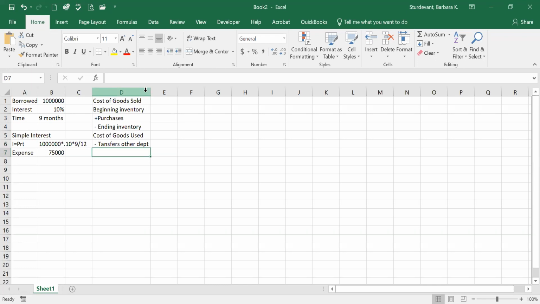The other thing you're going to have to do, which you will see, is we also have to subtract off employee meals. So if we furnish meals to our employees, that also has to be subtracted off because that has nothing to do with what we sold.